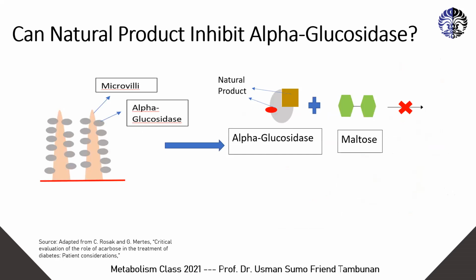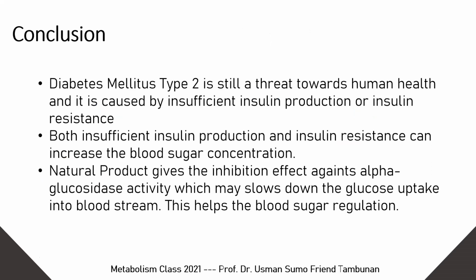In other words, natural products have the potential to inhibit alpha-glucosidase activity. This will prevent the conversion of oligosaccharides to monosaccharides. In conclusion, diabetes mellitus type 2 is still a threat towards human health, and it is caused by insufficient insulin production or insulin resistance.